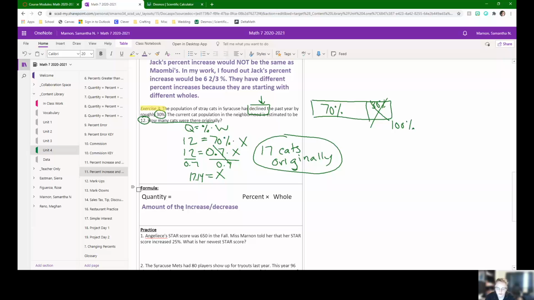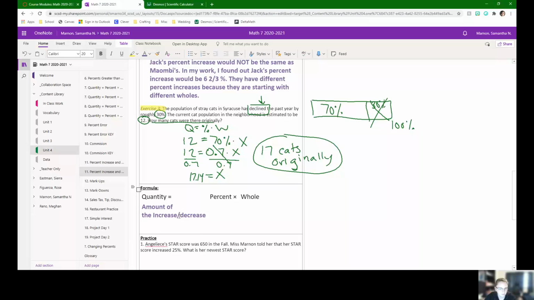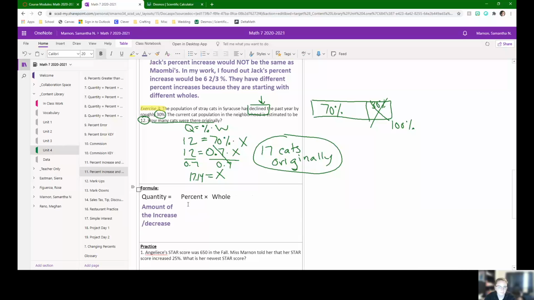The percent is always going to be the actual percent increase or decrease. And then the whole is going to be the original or the starting point.